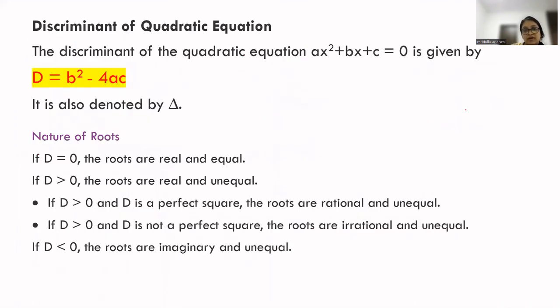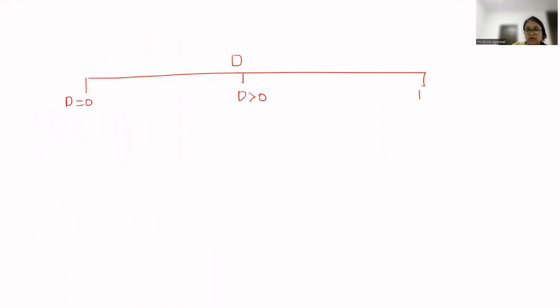So the important points to remember: the quadratic formula was x is equal to minus b plus minus square root of b square minus 4ac upon 2a, and the term under the root is the discriminant, D. There are three possibilities: when D is 0, when D is greater than 0, when D is less than 0. When D is 0, we have equal and real roots.